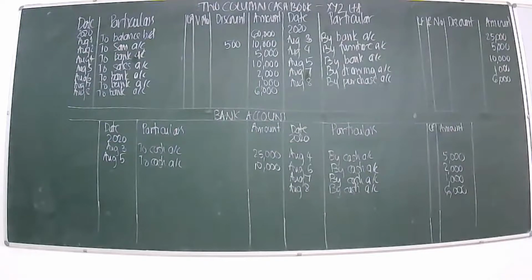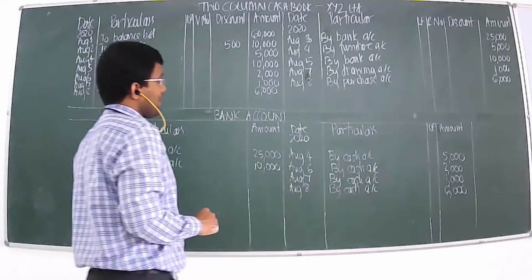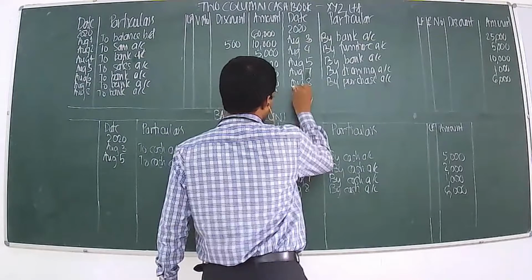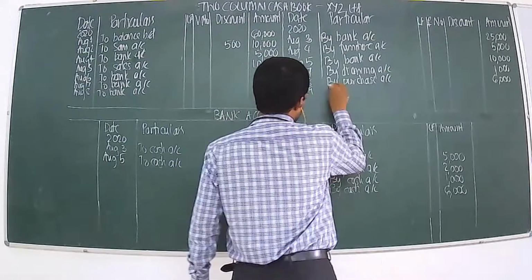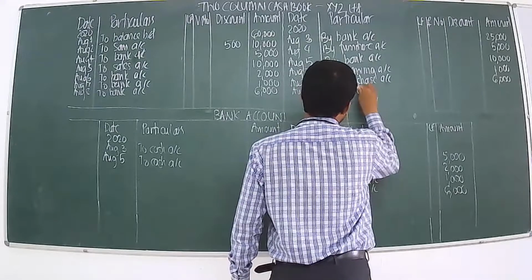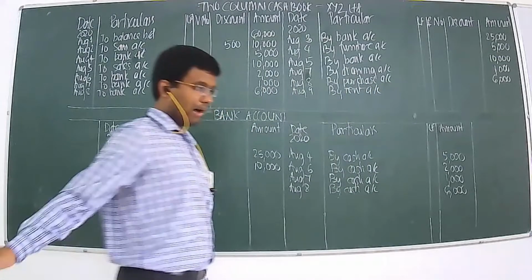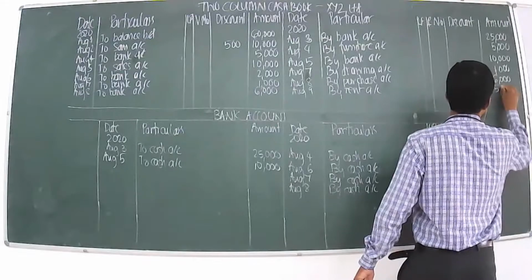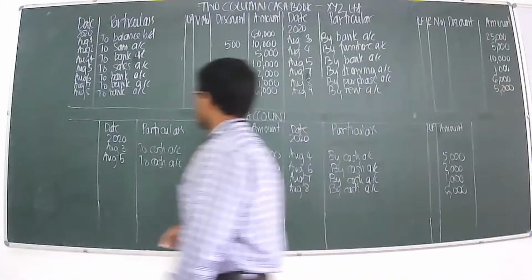Paid rent by check. So again, you have to make 3 entries in total. So August 9th by rent account, and the amount is 5,000. The amount is 5,000.